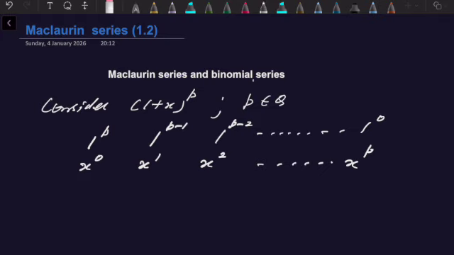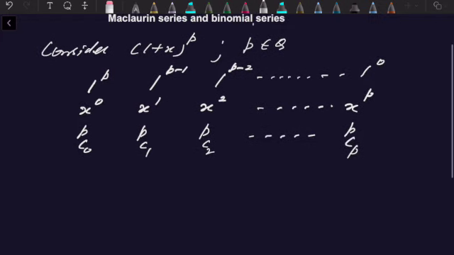We are familiar with binomial coefficients as we have done in the previous unit, numbers and algebra. So pC0 is the first binomial coefficient, pC1, pC2, and so on, pCp the last binomial coefficient. Multiply them and add them one by one.